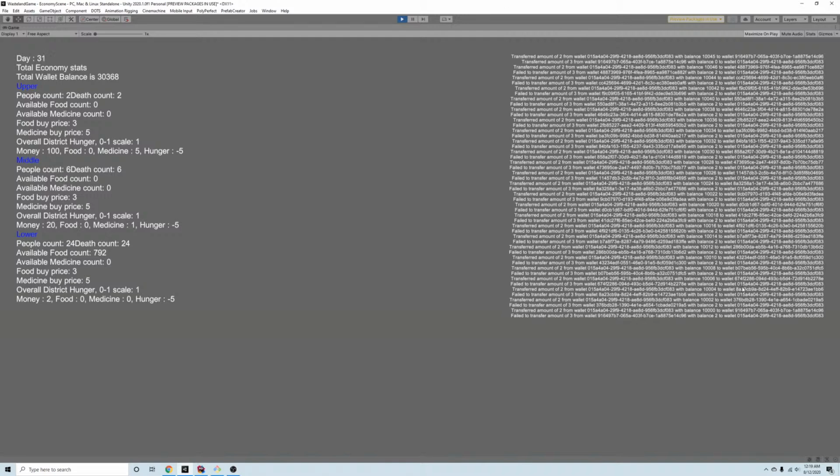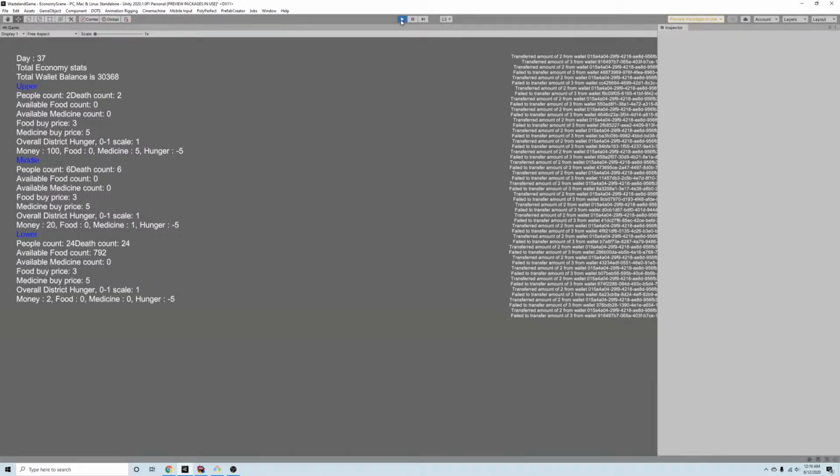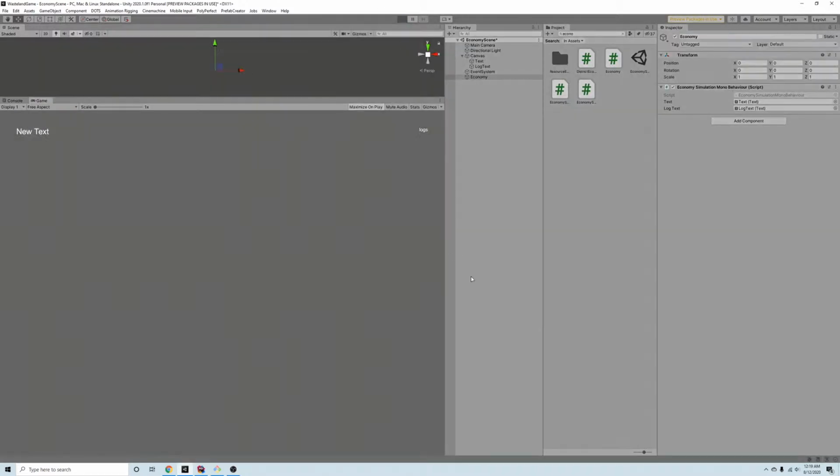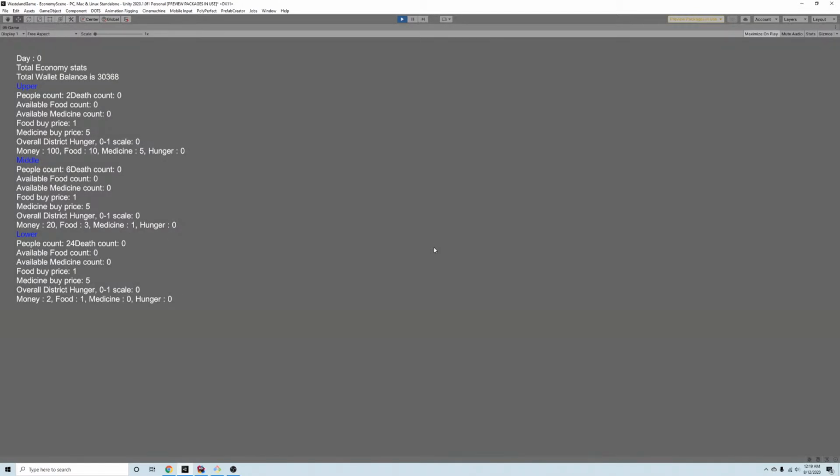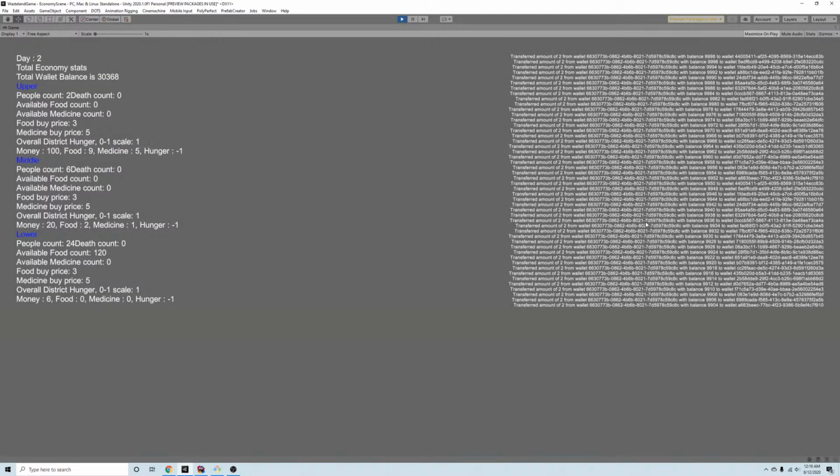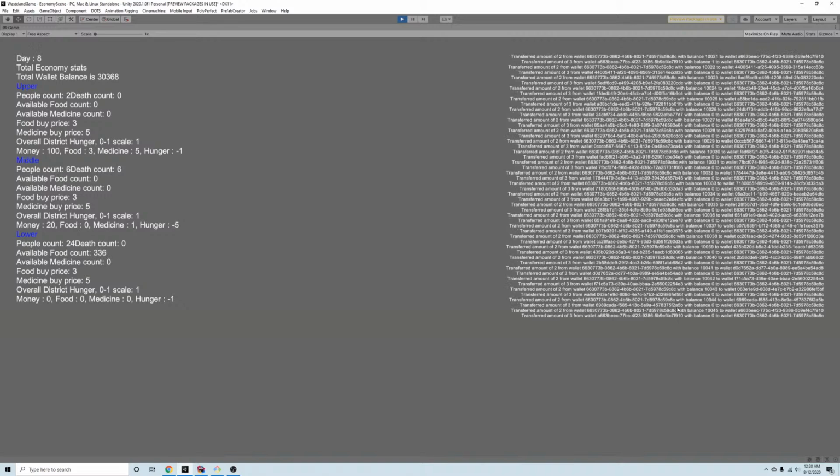And it looks like the simulation is over because everyone has died. But it seems to be working, because we can see the balance of the wallets is changing, but the total wallet balance does not.